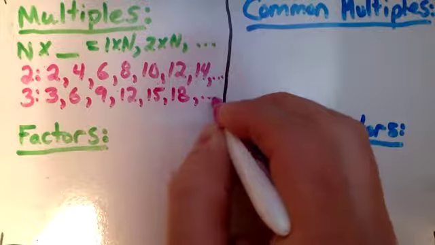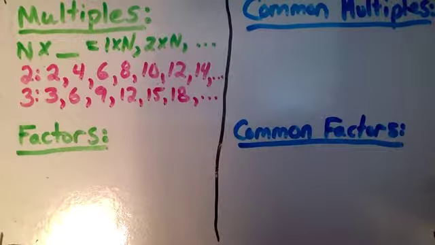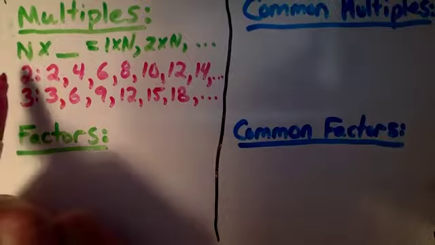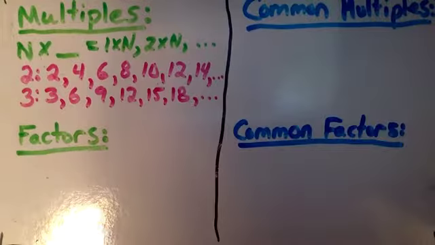And again, just keep going on forever. So that is the multiples of 2 and 3.